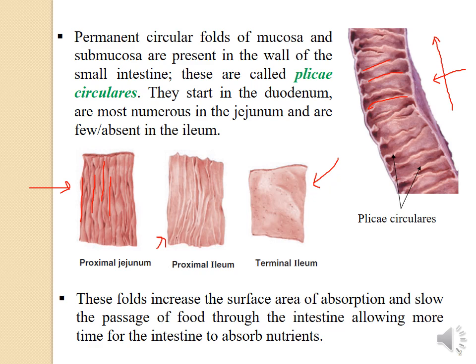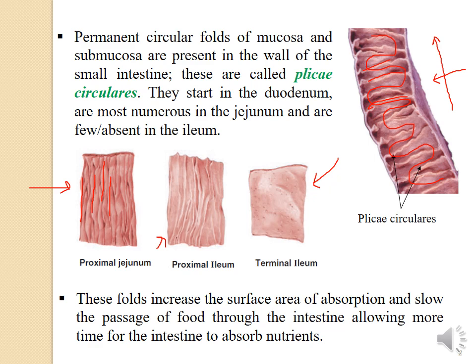Now, these folds increase the surface area of absorption and slow the passage of food through the intestine, allowing more time for the intestine to absorb nutrients. Since these are circular folds, food has to zigzag between them in order to get from one point to another. This will slow the passage of food through the intestine, giving it more time to absorb nutrients.